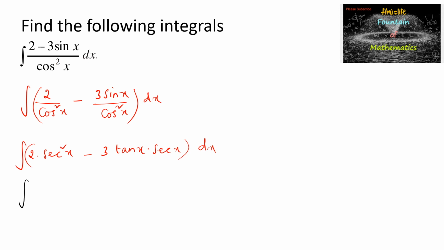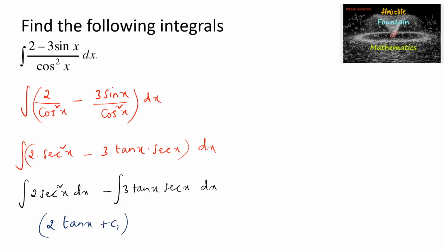So next we can write 2 times the integral of secant squared x dx minus the integral of 3 times secant x tan x dx. And we know that the integral of secant squared is tan x, so we can write 2 tan x plus some constant c1, minus 3 times the integral of secant x tan x, which is secant x, plus some constant c2. So this is equal to 2 tan x minus 3 secant x, and here plus c1 minus c2, which we can write as one single constant c. So 2 tan x minus 3 secant x plus c is the answer.